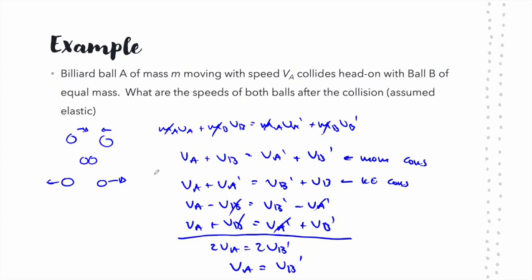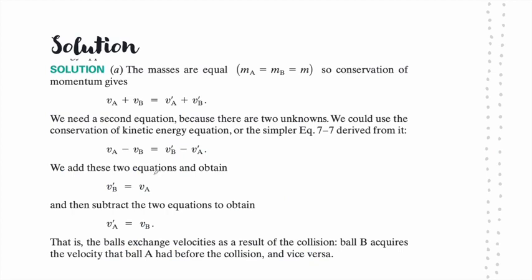So after they collided, ball B is going to move in the opposite direction with vA, and when ball A collides, it's going to move in the opposite direction with velocity vB. As we can see here in the solution from your textbook.